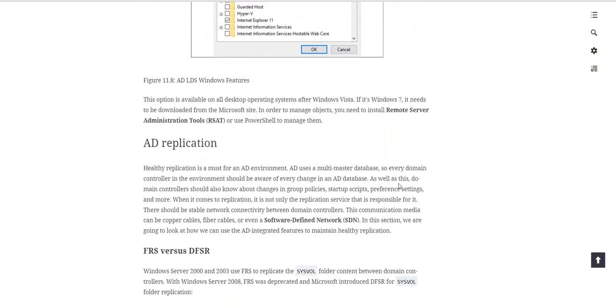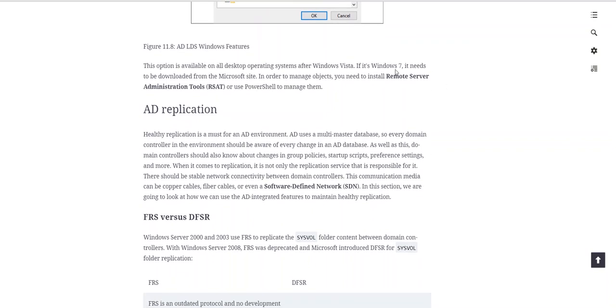Now, I've got a walkthrough as part of the homework. So I've got a variety of different Microsoft supplemental information or documentation associated with these concepts.